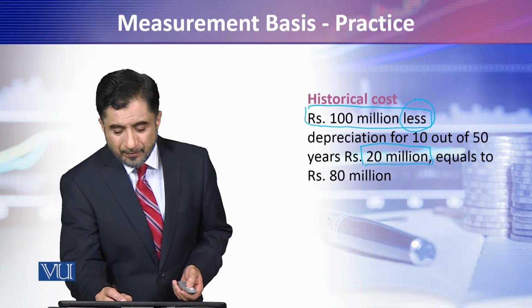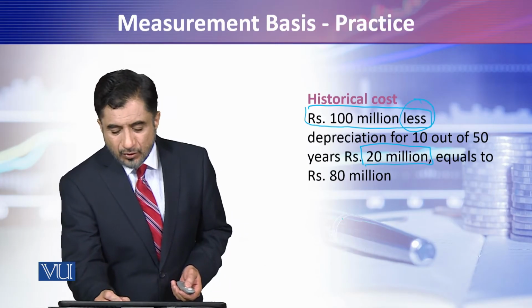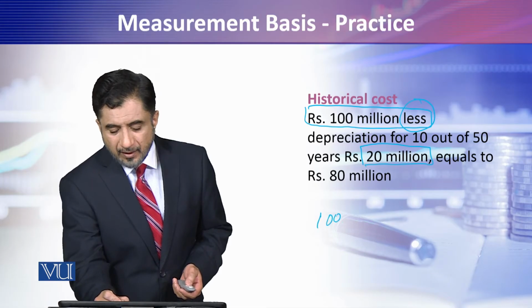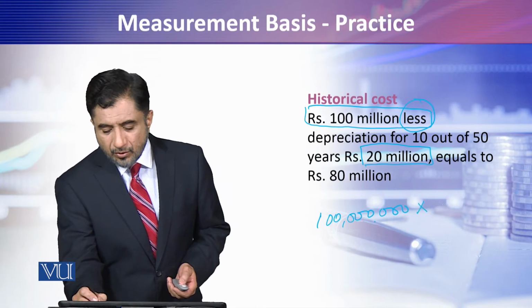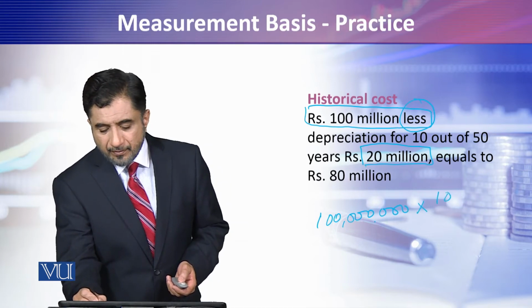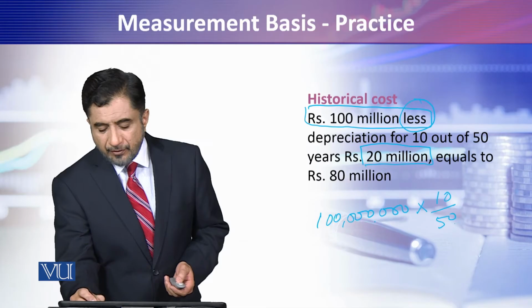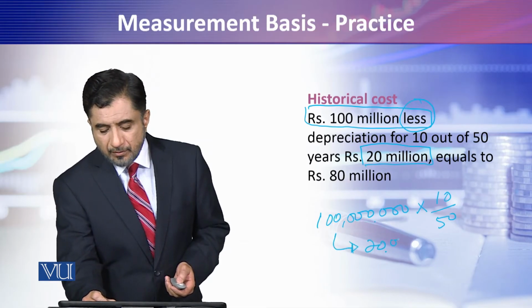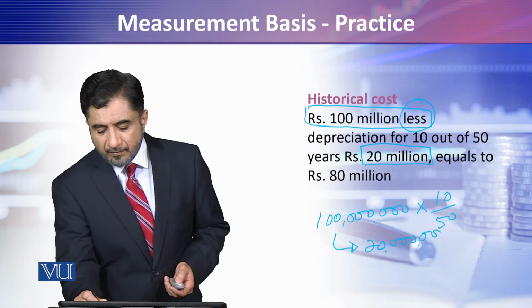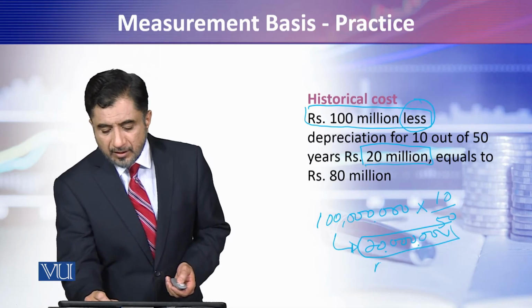So here the asset's useful life was 50 years. 100 million is its cost, and 10 by 50 will produce 20 million, which is its accumulated depreciation.